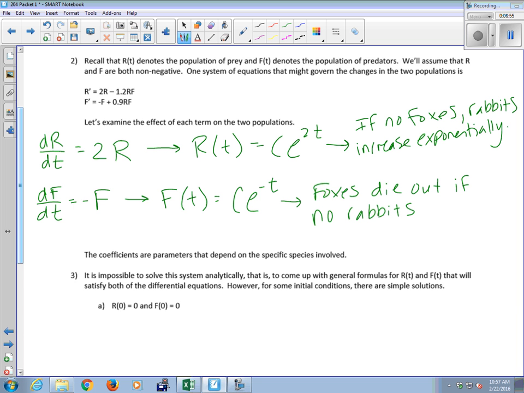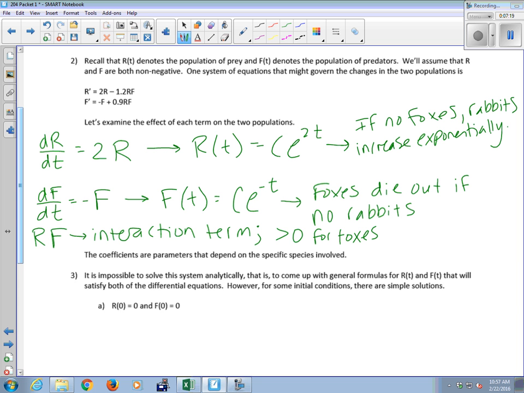Okay, so RF is what we call an interaction term. If the RF term is positive, it's going to be positive for foxes and negative for rabbits, right?